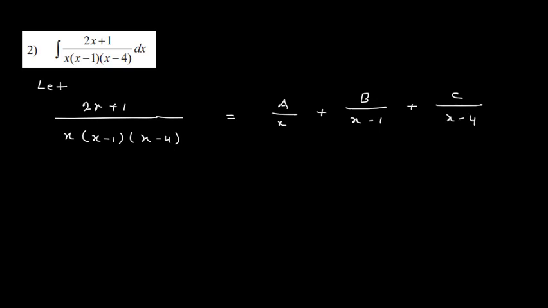Okay, now 3 linear functions are there in the denominator, and the numerator degree is 1, the denominator degree is 3. So partial fraction you can use. Now we have to find the values of a, b, c.